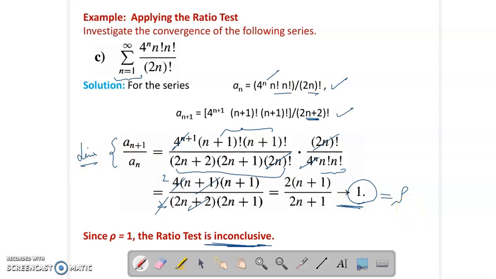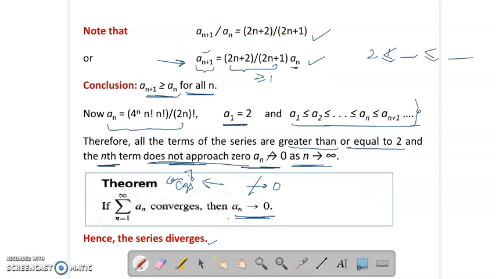Since it is said to apply the test, we have applied the test, but it turns out to be inconclusive. Then still we want to investigate the convergence of the series. Now look at the terms of the series. While applying the ratio test, we have this relation that a(n plus 1) by a(n) is this number. Now this number is greater than or equal to 1, which means that a(n plus 1) is going to be a number greater than or equal to a(n).